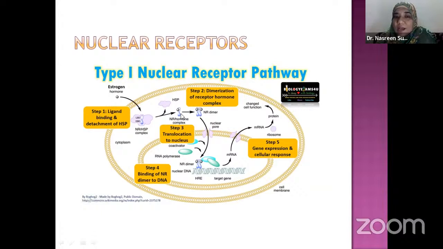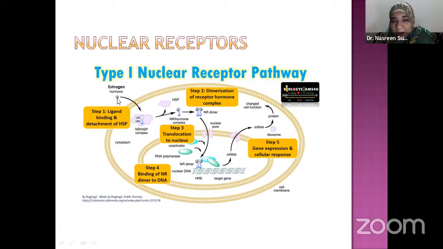This nuclear receptor will form a dimer, an NR dimer, and through the nuclear pore, this dimer enters the nucleus and directly binds to the DNA. And there will be a change in the replication of DNA, finally leading to a change in the cell function. Understood?